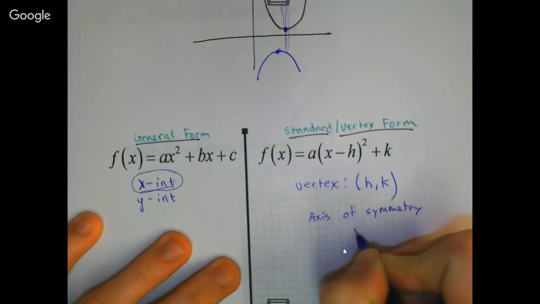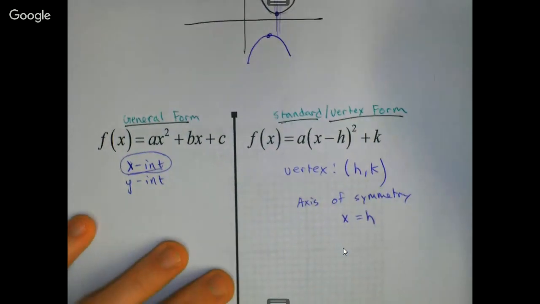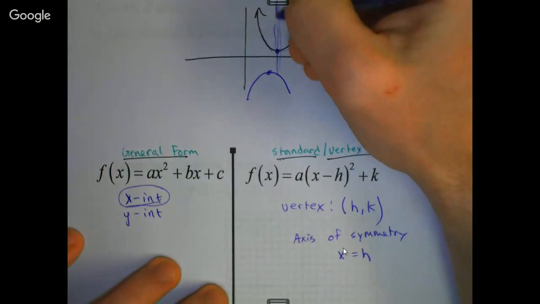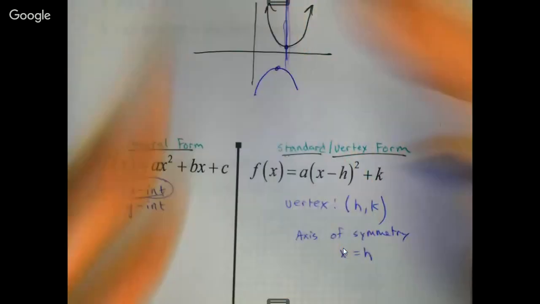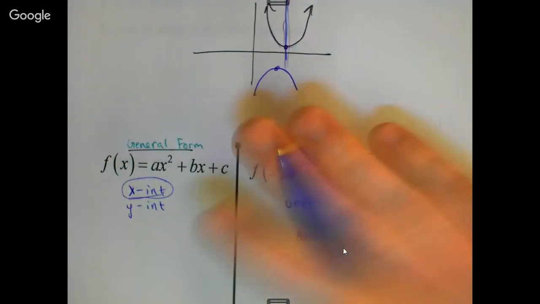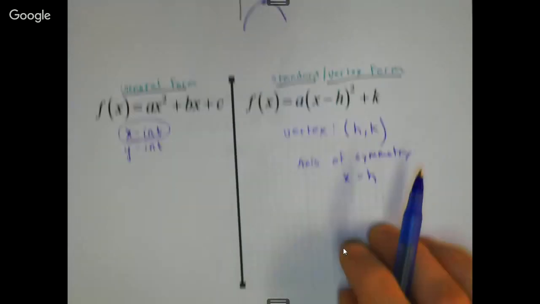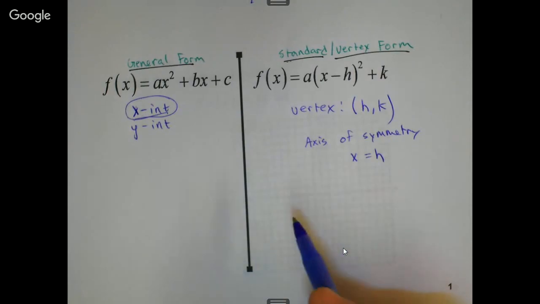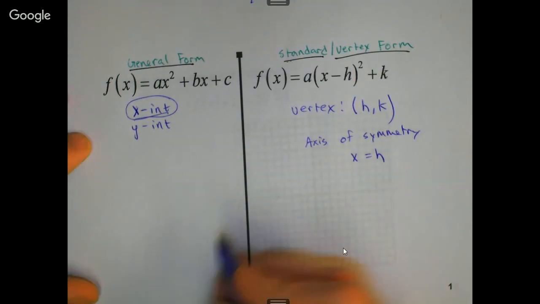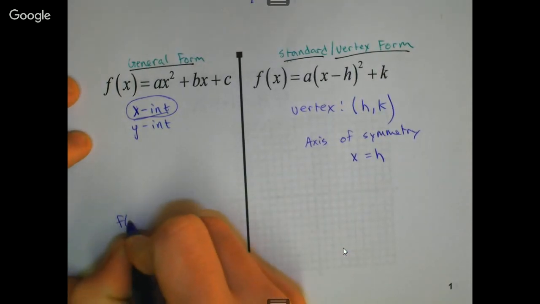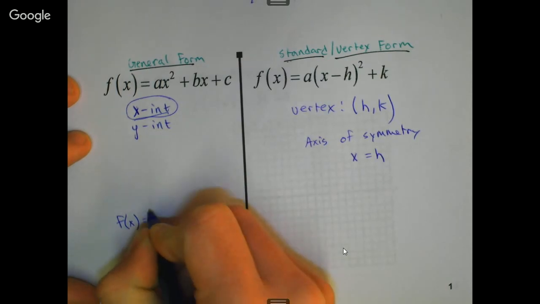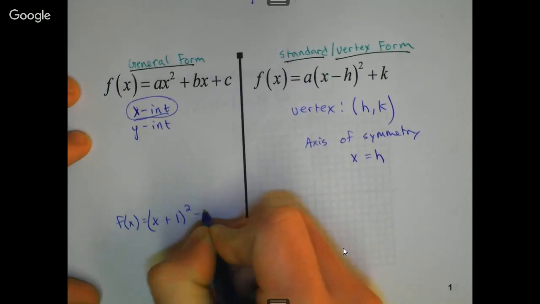That is x equals h. That axis of symmetry is right here, and if I fold one half onto the other, it will land onto itself. Let's say I talk about f of x equals (x plus 1) squared minus 2.